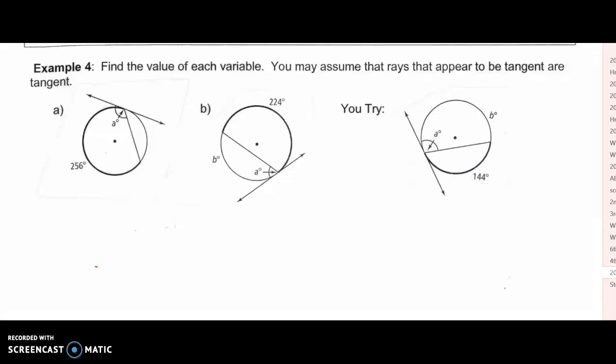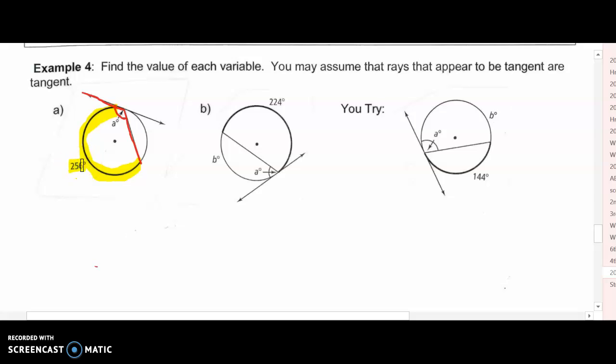Let's find the value of each variable. You may assume that rays that appear to be tangent are tangent. So let's first of all look at our angle A. It goes from here to here. So those are the two sides of angle A. The arc in between those angle legs would be this arc that goes all the way from there to there, and that is the 256.